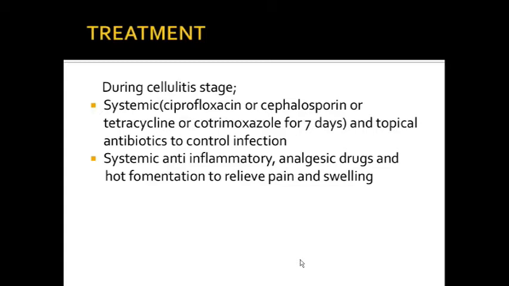To control the pain and swelling, we usually give systemic anti-inflammatory analgesic drugs and hot water fomentation.